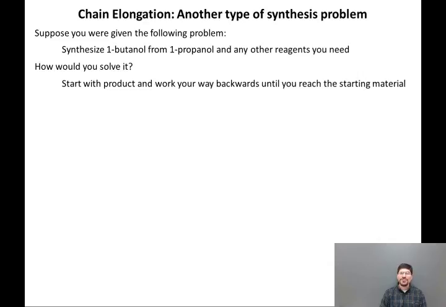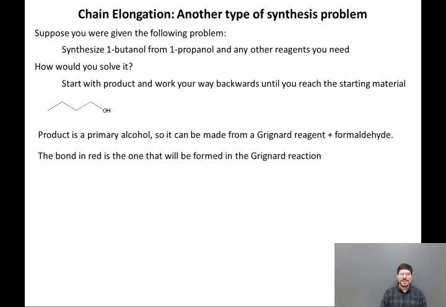Well, like any other synthesis problem, start with the product and work your way backwards until you reach the starting material. So here's our product, 1-butanol. Since the product is a primary alcohol, we know from our understanding of the reactivity of Grignard reagents that you can make a primary alcohol from a Grignard reagent plus formaldehyde.